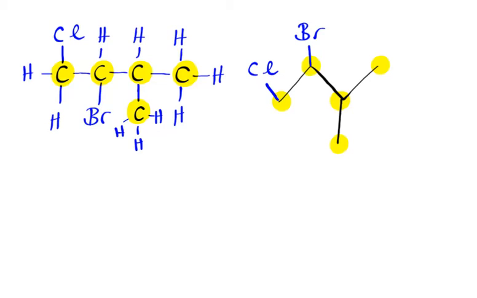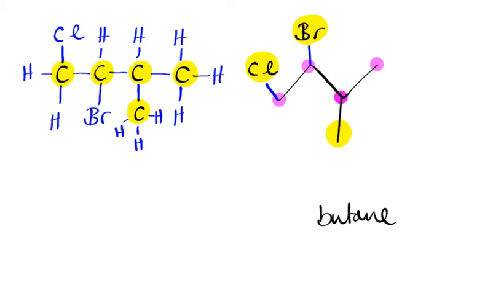And now for the name. So the longest carbon chain is the 4 again, which makes this butane. And then let's have a look at the groups that we've got. Well, we've got the chlorine, which is going to be a chloro, the bromine, which is going to be a bromo, and we've also got the methyl group. In terms of numbers, we need to make the numbers as low as possible.